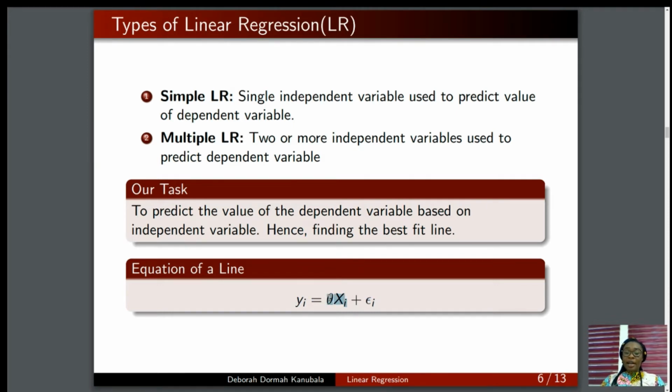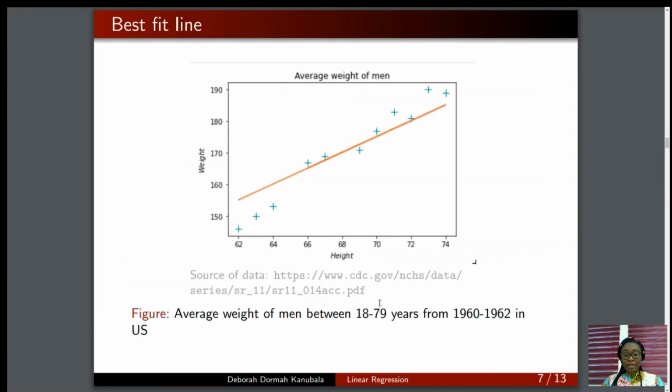These theta are parameters, and these parameters we don't know. It is also the slope of the line, and it's the values of this theta that would help us get a very good best fit line. The x refers to the input variables. With our example, the height would be our x. Then this epsilon, we'll get to understand more about it in my subsequent slides.